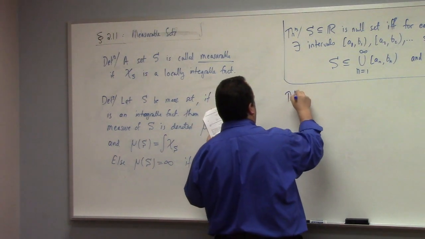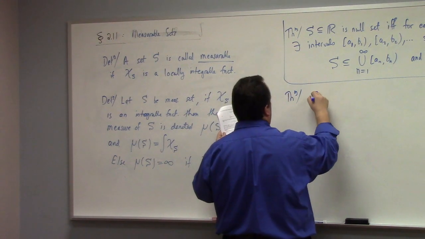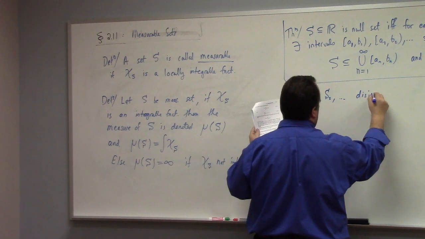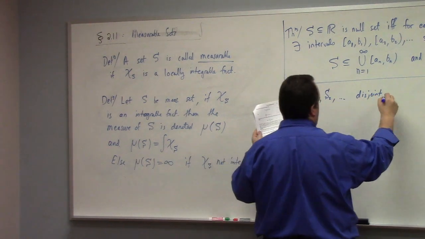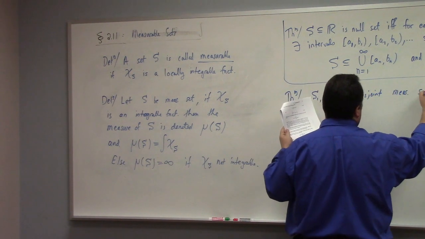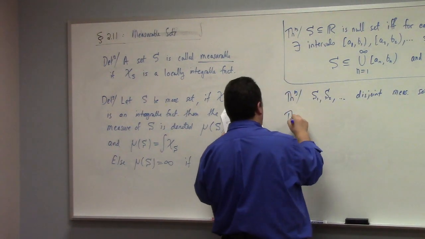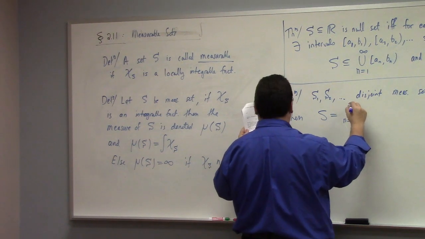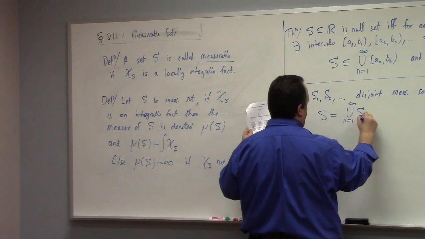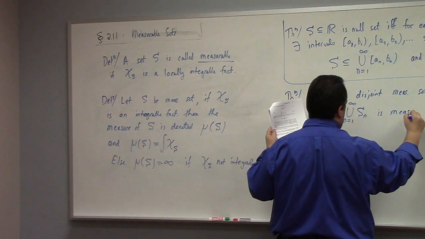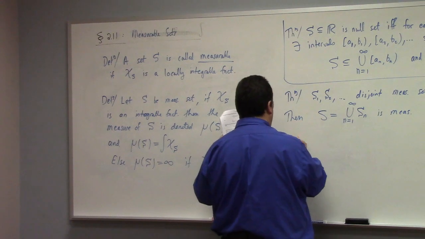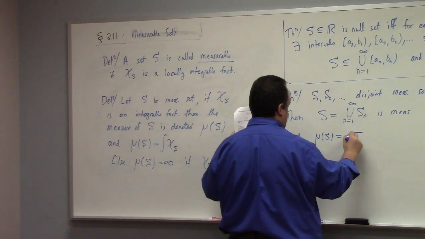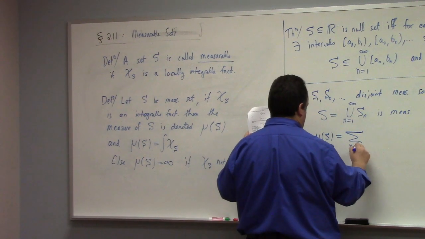And then the next theorem here, after the page-long proof of that, is if you have S1, S2, and so on, disjoint measurable sets, then S formed by the infinite union of these is measurable, and mu of S is equal to the series formed by adding the measures.